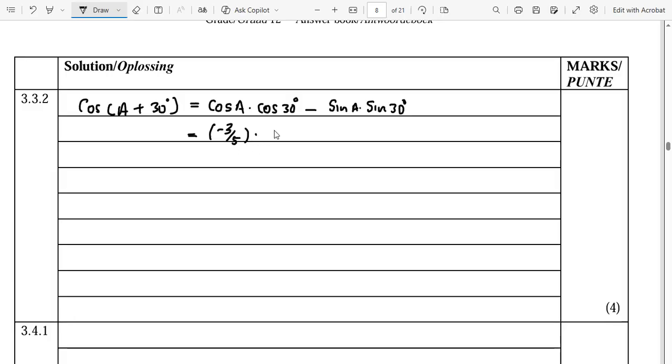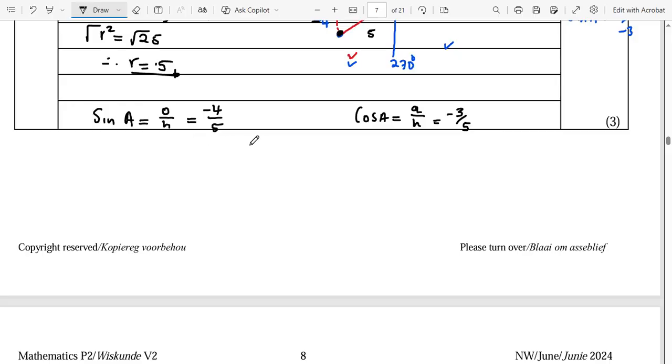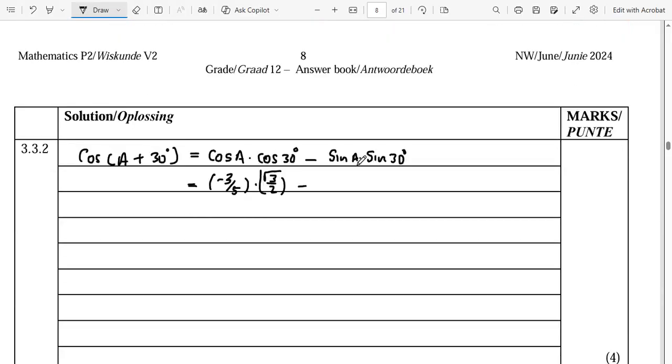You just have to use your calculator on that. Cos 30 gives us root 3 over 2. We minus the sine A, which we calculated on the previous question: it's minus 4 over 5, and then the sine 30, that's half.